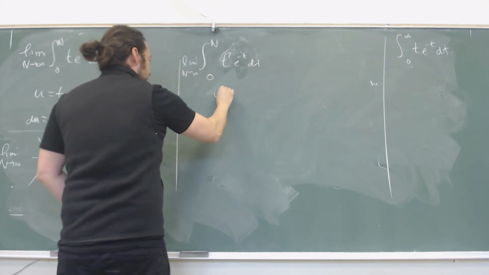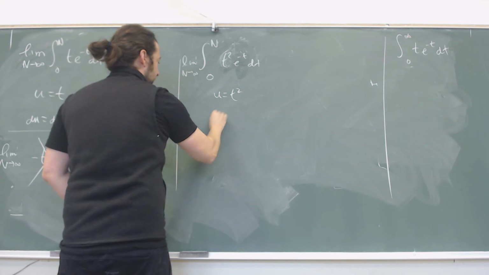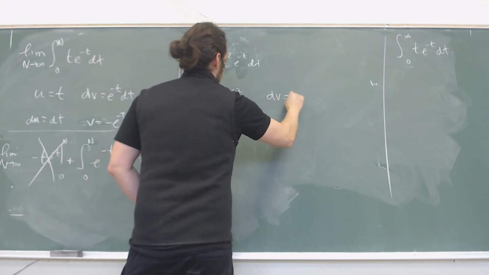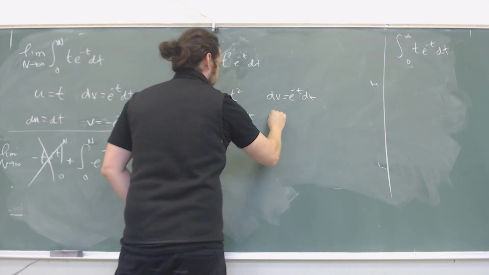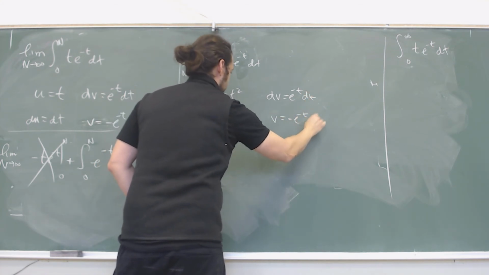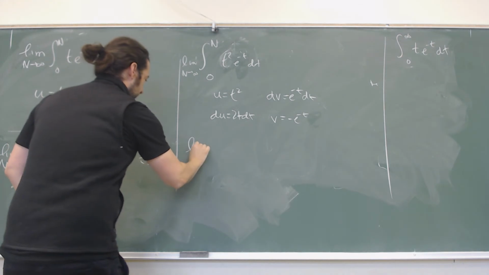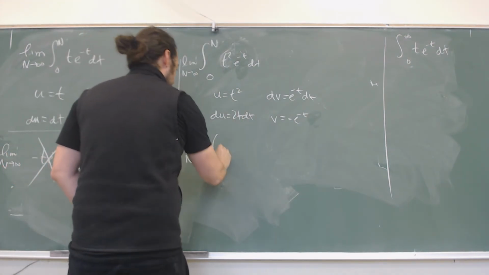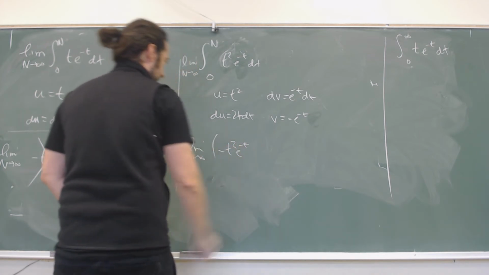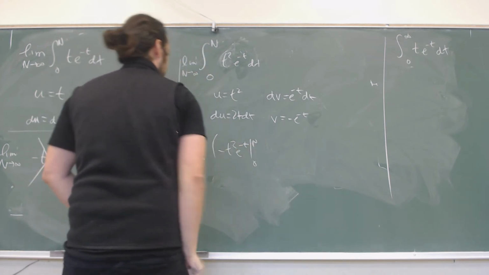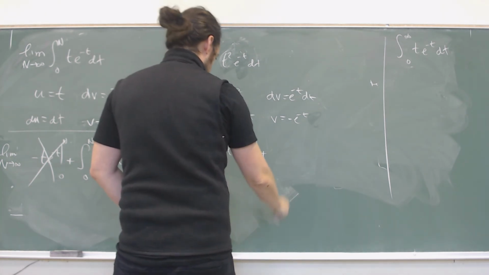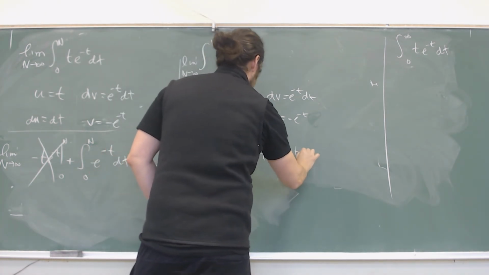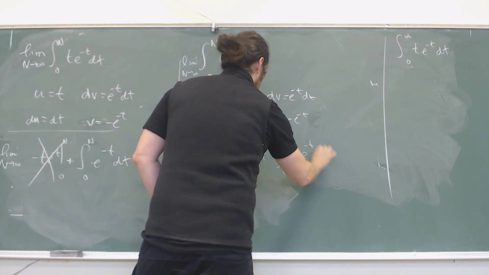Now u is t squared, du is 2t dt, dv is e to the minus t dt, and v is minus e to the minus t. You end up with the limit as n goes to infinity of minus t squared e to the minus t from 0 to n plus the integral from 0 to n of 2t e to the minus t dt.